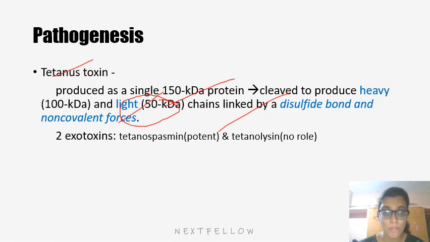So you have to very importantly remember that it gets split into a heavy and light chain linked by a disulfide bond and non-covalent forces. It has two exotoxins known as tetanospasmin and tetanolysin, out of which tetanospasmin is potent and tetanolysin has no role.